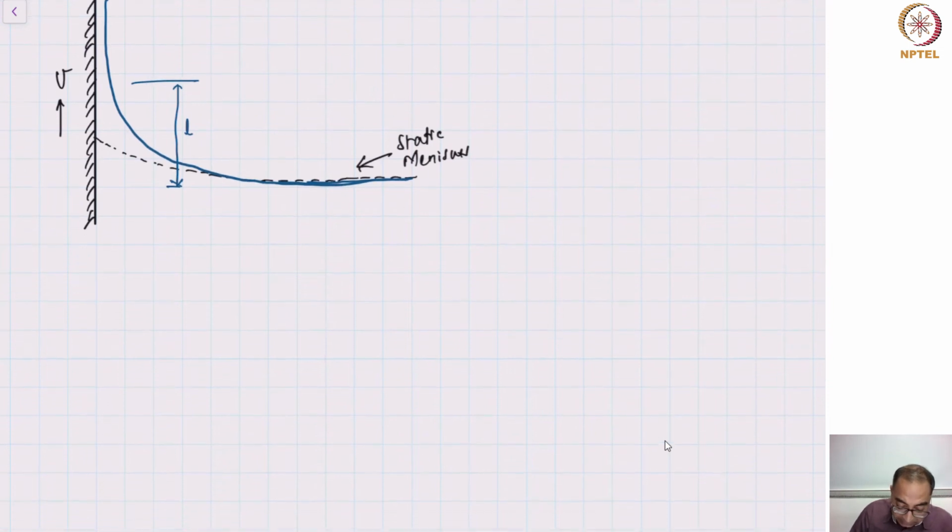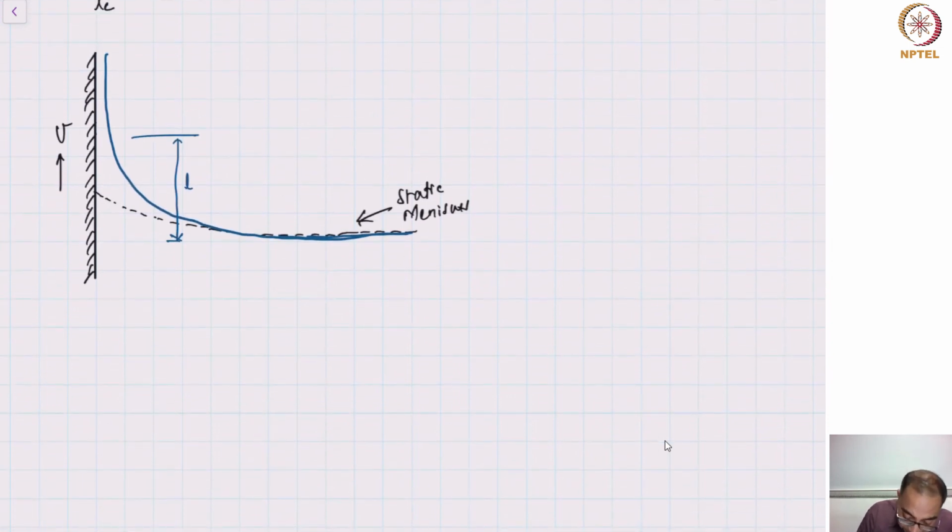Now, further, in the dynamic meniscus region, the thickness we call H. Let's also define a coordinate system more precisely. I will define y going this way, perpendicular to the plate, and x along the plate.